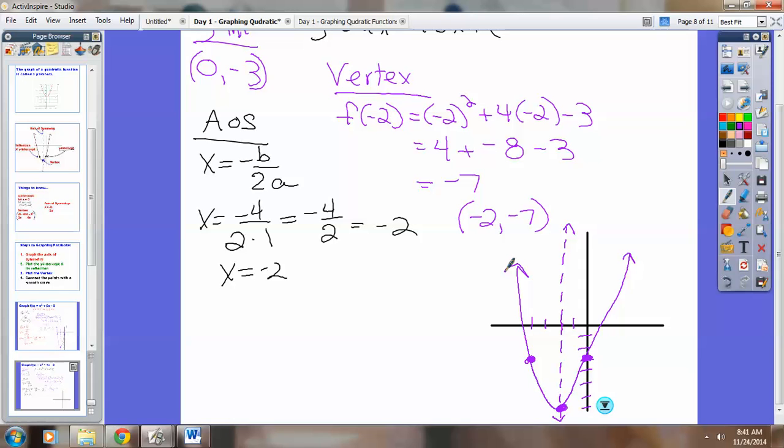Do you remember what it is? The axis of symmetry, and that's an equation. What is that equation, Megan? The opposite of b divided by 2a. Remember, that x value you find for your axis of symmetry is what we plug back in to find the y value of our vertex.